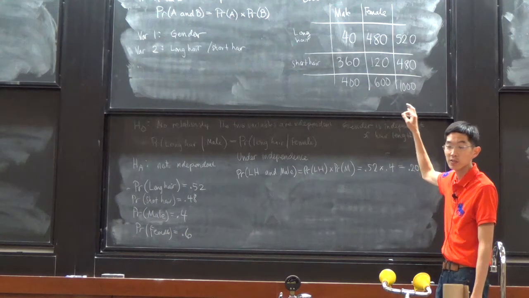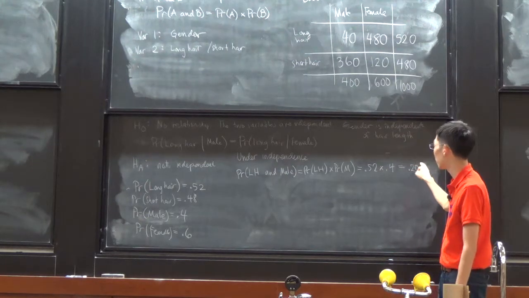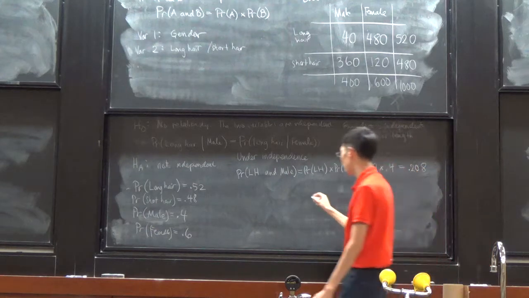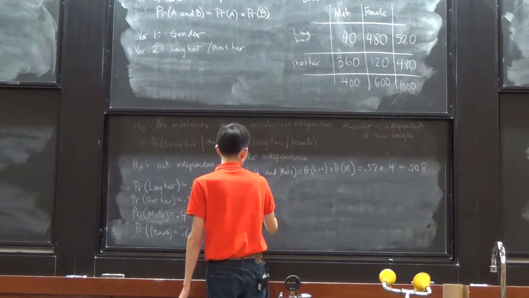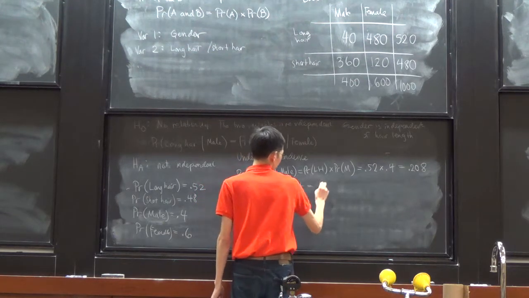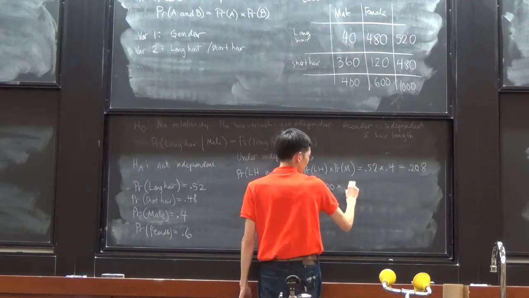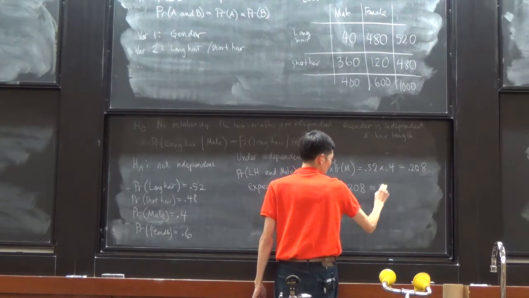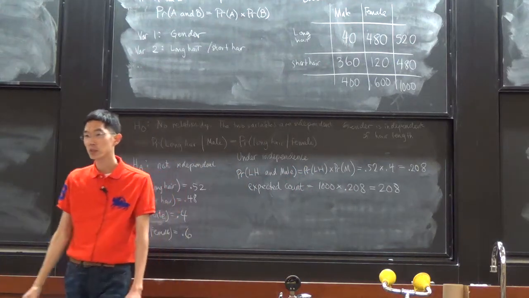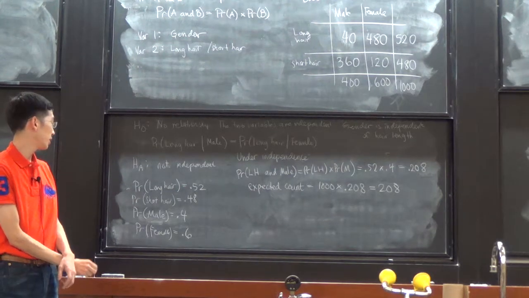And if I wanted to put in an expected count for the number of males with long hair that we would expect if it was independent, what would I do? I would take this probability and multiply it by 1,000, the total number of people I observed, times 0.208, and I would expect 208 people to be males with long hair.